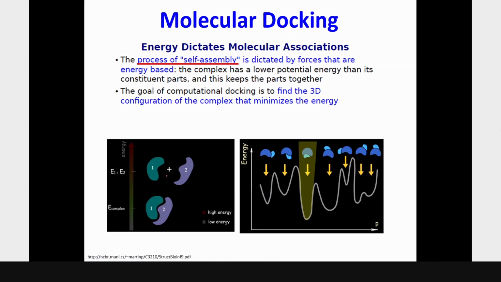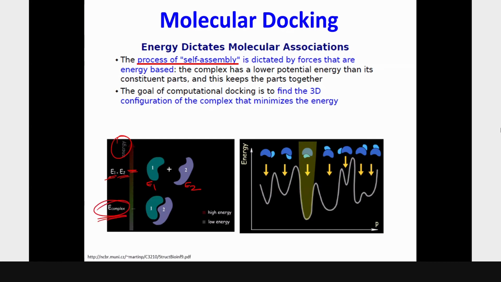When they are away from each other, their energies E1 and E2 are at some high energy state. But when they come closer, they come closer in such a way that the overall energy of the complex reduces.